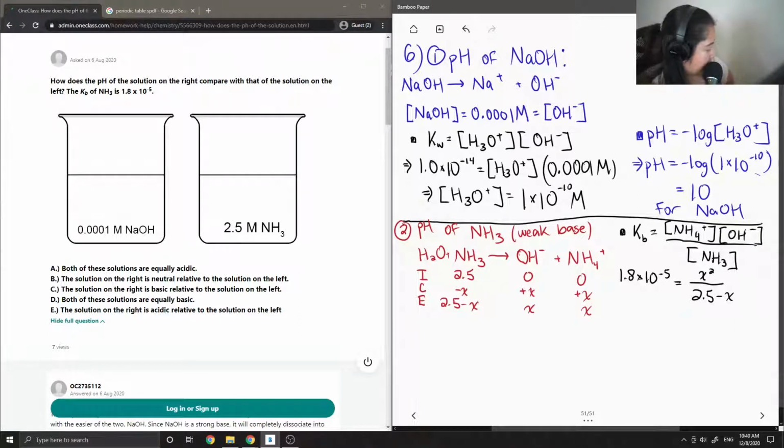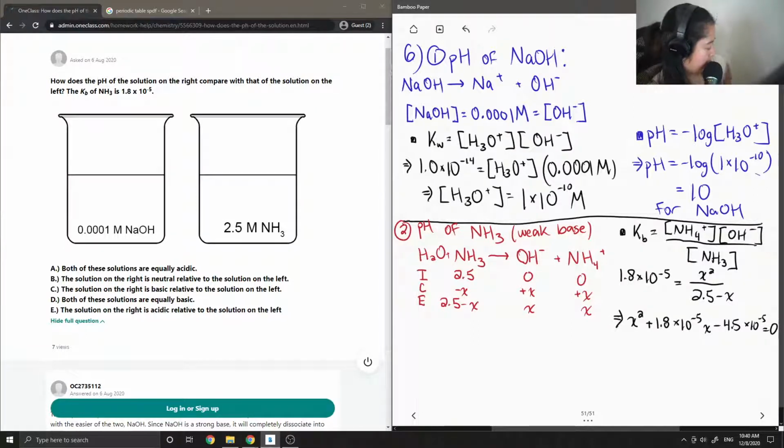So from here, we can simplify this equation to get it in quadratic form. Putting everything on the same line, we get x squared plus 1.8 times 10 to the negative 5 x minus 4.5 times 10 to the negative 5 is equal to 0.